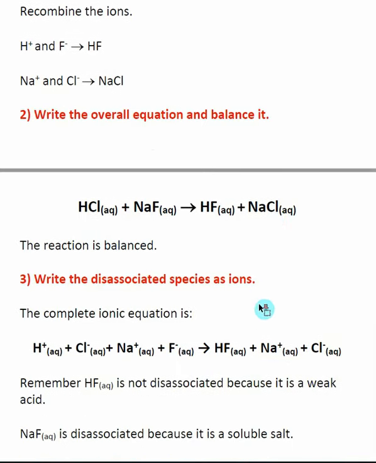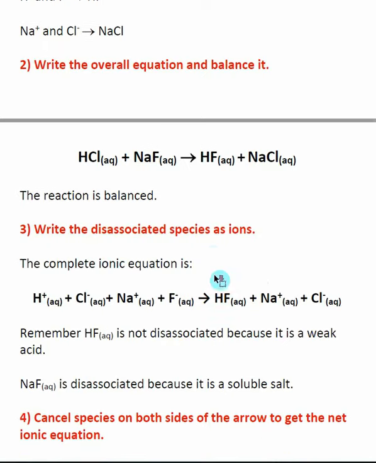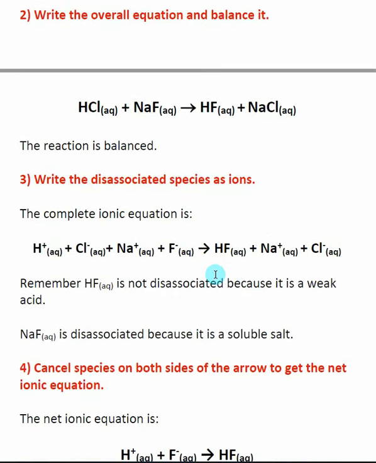And then I want to go to the complete ionic equation. Once again, I want to take a second and make sure I correctly answer the question of, do I dissociate this or not? HCl is a strong acid, so it is dissociated. It's broken up into H plus and Cl minus. NaF, and this is where I'm hesitant to call NaF a weak base, because NaF is really considered a soluble salt.